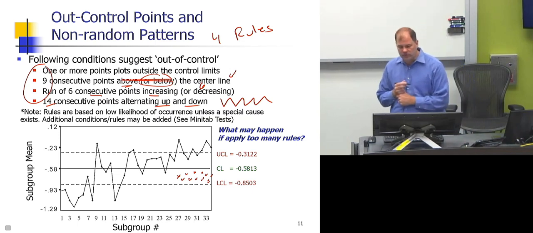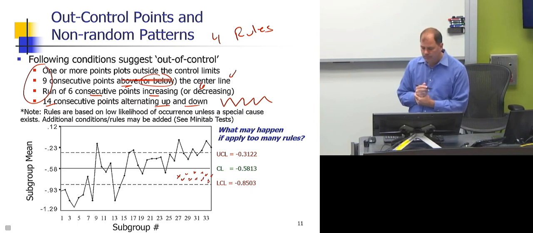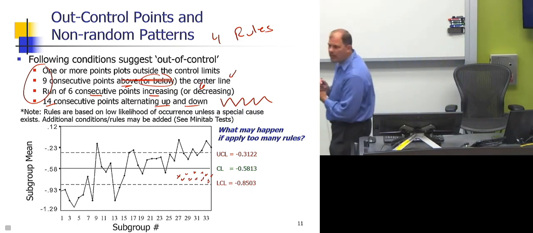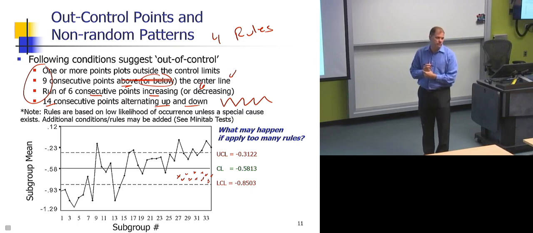I could buy different software products and they may give me more rules. What can happen, though, if you have too many rules? What's a potential worry? Yes? All sorts of stuff is out of control because there are too many rules that all suggest the same one thing. Very good. You start to get a lot of false alarms.